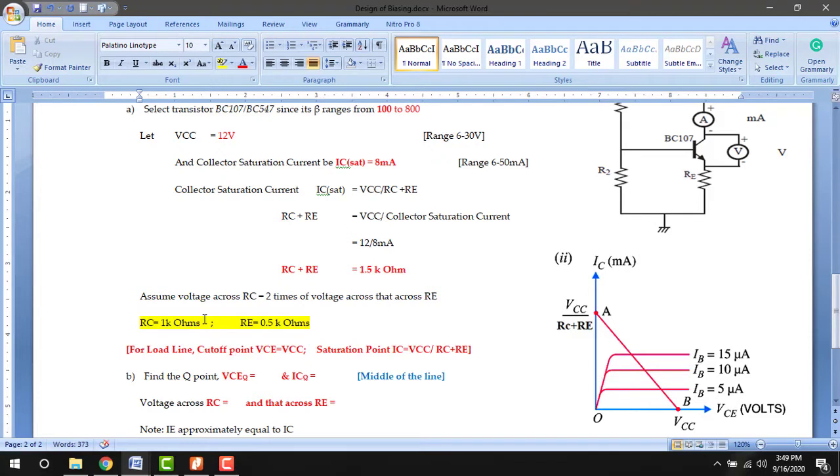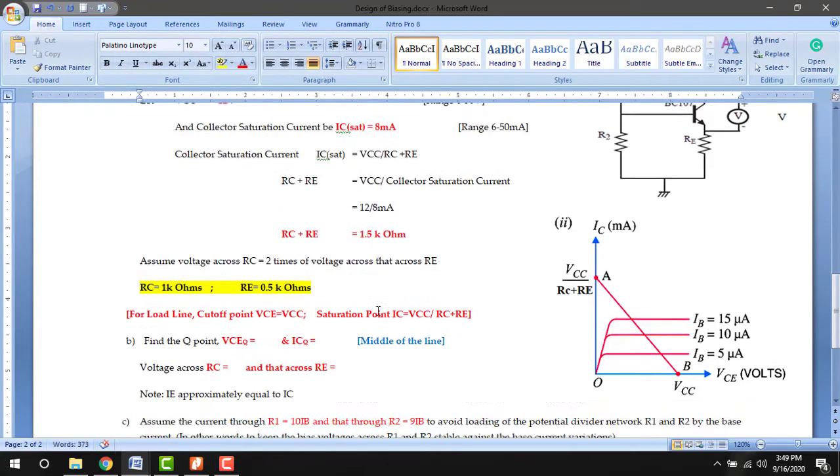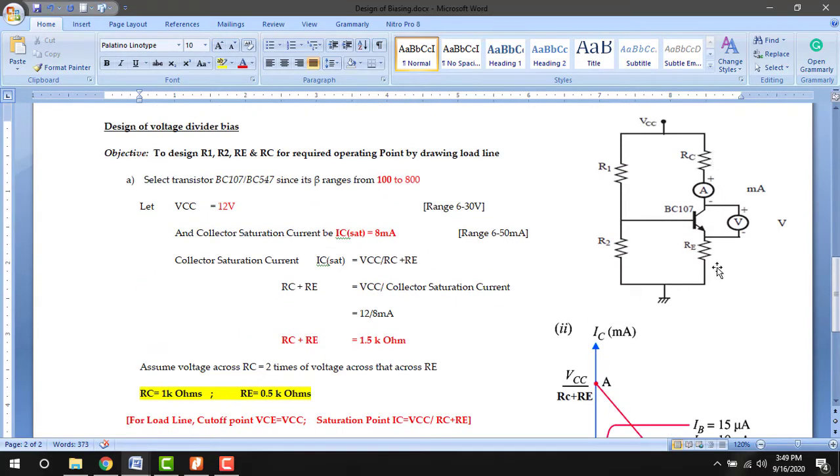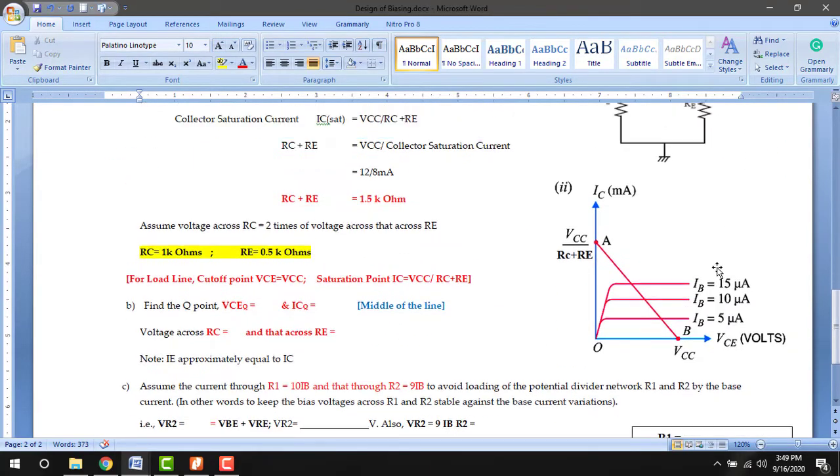So we have arrived. The voltage drop across RC is assumed to be 2 times, and because of the direct relationship, Ohm's law, the value of RC is also 2 times of RE. So we design initially the RC value as 1 kilo ohm and RE value as 0.5 kilo ohm.